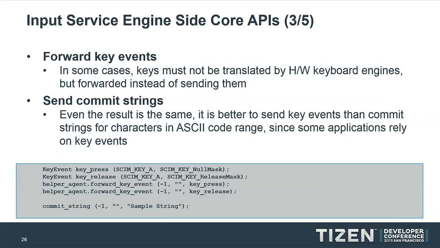And when you send the commit string, if the string itself is within the ASCII code range, I mean, if you're sending a string with a single character and the character itself is within the ASCII code range, it would be better to send it by the send key event or the forward key event, because commit string does not generate any kind of key event.